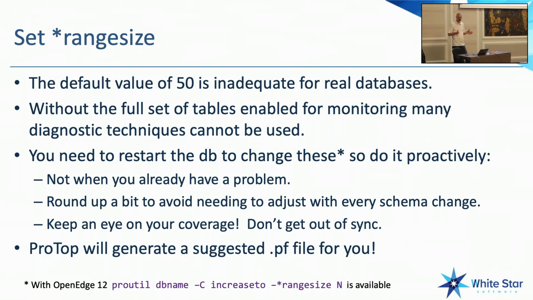A real production database almost always has more tables and more indexes than that. So you want to set a larger value so that you can capture all those statistics. Starting with 12, you can use increase2 to increase it online. So you don't have to take the database down and restart it to enable the table and index range sizes, which is really wonderful. And if you run ProTop, we'll even generate a PF file for you just in case you need a little bit of help. Okay?